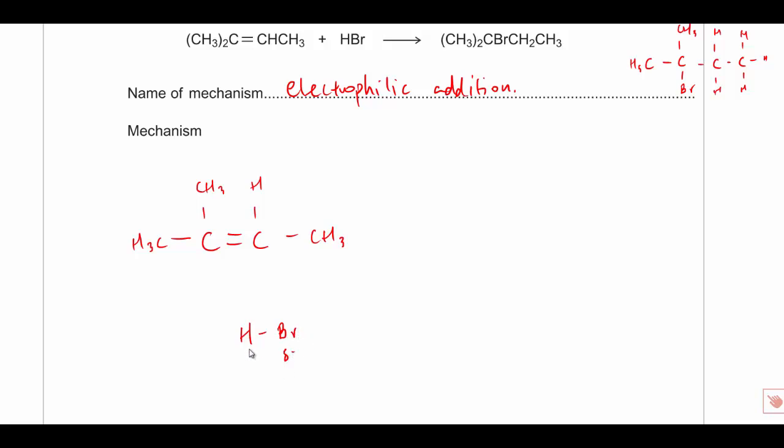Remember, this is our delta negative region, delta positive region, not required, but still we'll include it because it's good to have. This is going to move onto there, and what's going to happen is from the double bond there, we're going to get a bond formed here. And it's very, very important that our next step is drawn correctly.